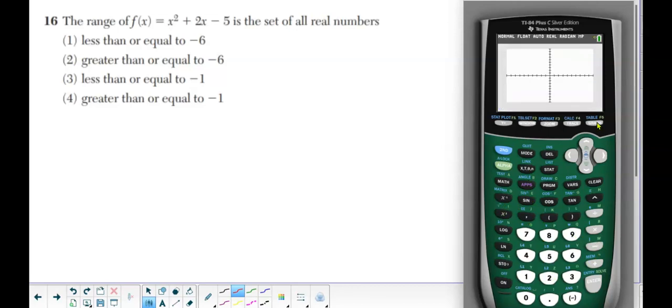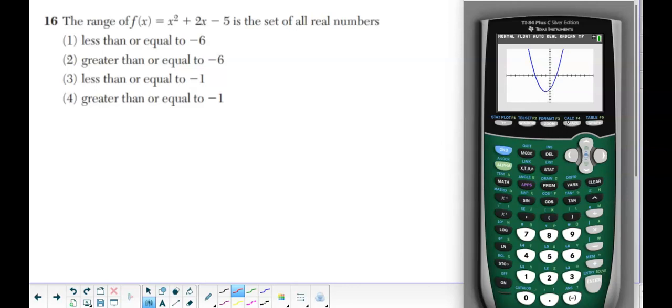And when I look at that graph, I notice that it has a minimum value here at -1, -2, -3, -4, -5, which makes sense because the constant here is -5. That's my y-intercept. So it looks like the y-intercept is -5, but the minimum value is a little bit to the left. So I need to find what that value is.